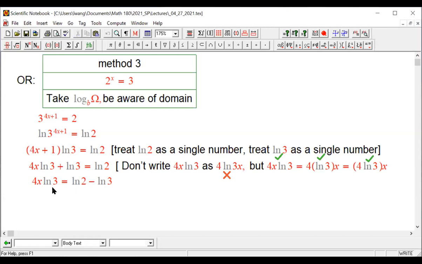Now we're going to divide both sides by 4 times natural log 3. 4 and 4 reduce. Natural log 3 and natural log 3 reduce. So in the end, we get x equals the right-hand side.